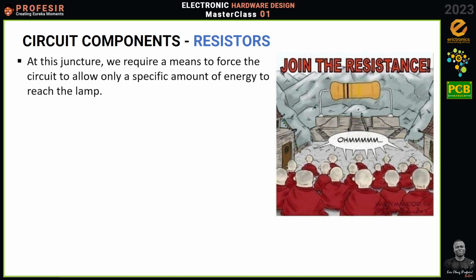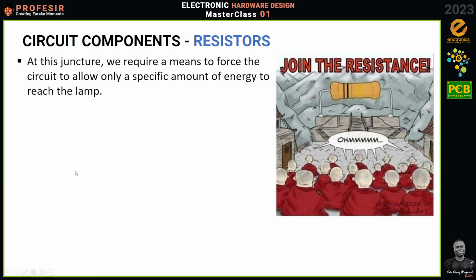The lamp can only do one thing. It can't do anything less than that, right? So it is up to us, the system engineer or the circuit designer, to make sure the right amount of energy gets to the load. And from the first lecture, that is what we described as the job of a circuit designer.